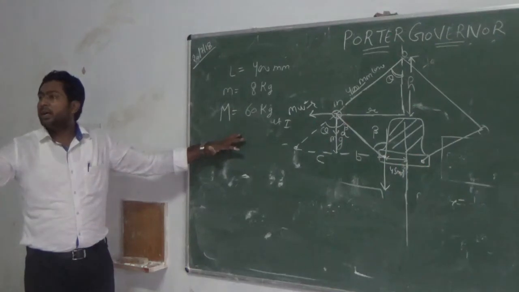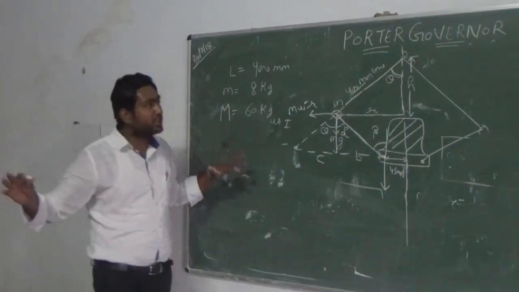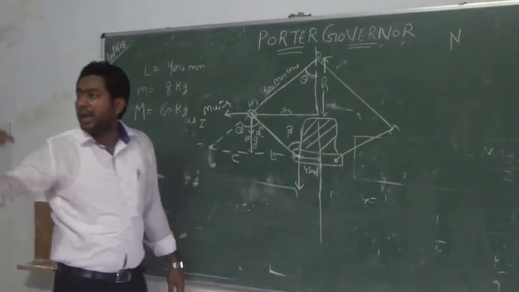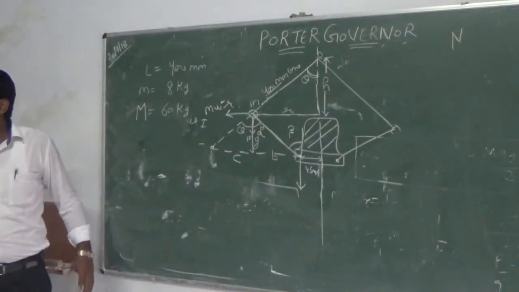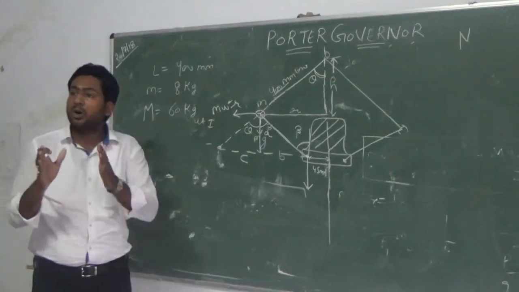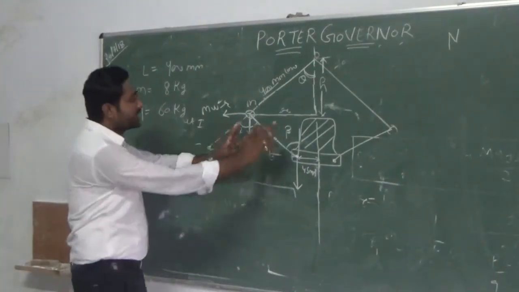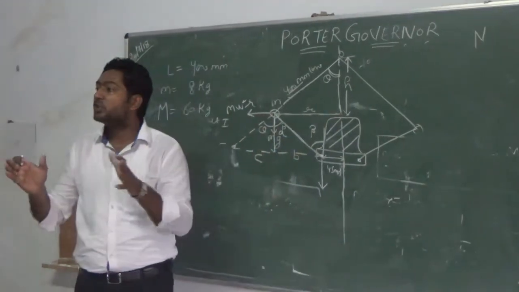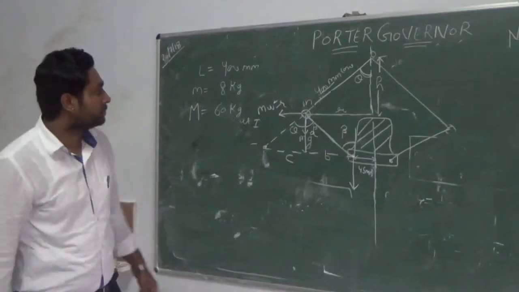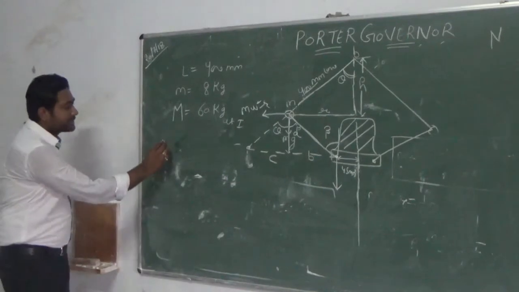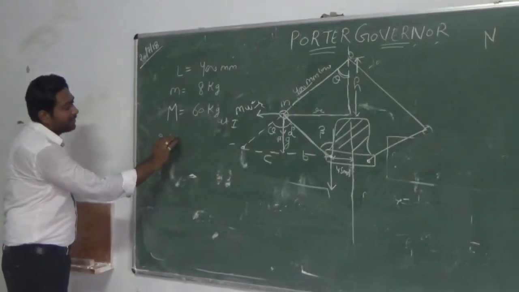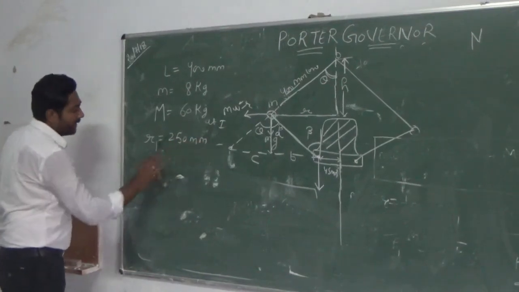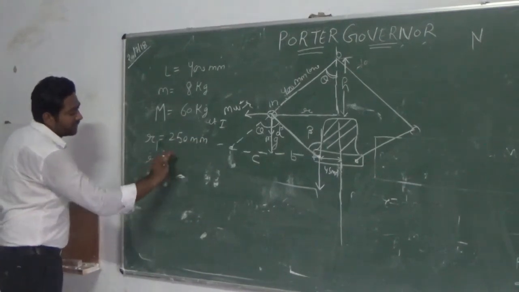What will be the equilibrium speed? What is equilibrium speed? That is n at extreme radii, the extreme radius of rotation. This is the radius of governor or radius of rotation. What are the extreme radii? R1 250 mm and R2 300 mm.